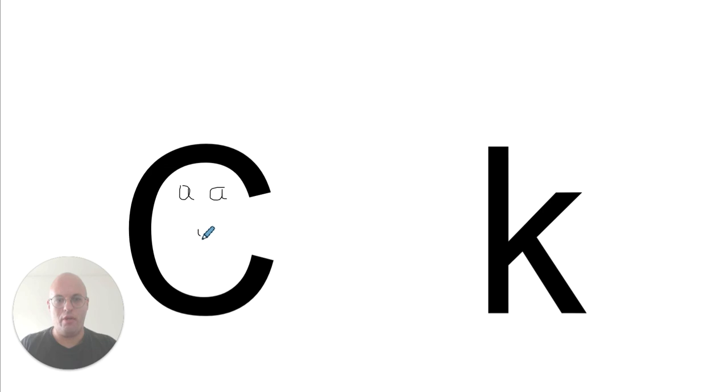We're going to put a little O as a nose. And we've got to add some whiskers because it's a cat. I am a dyslexia tutor. I am not an art teacher, so you'll have to bear with my drawing skills here. And we'll put a U as a mouth.